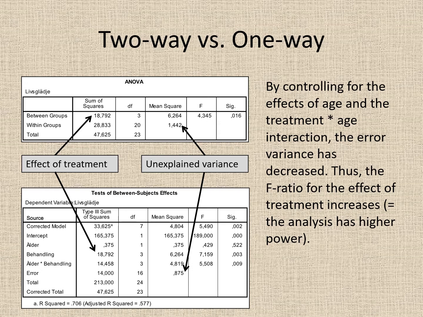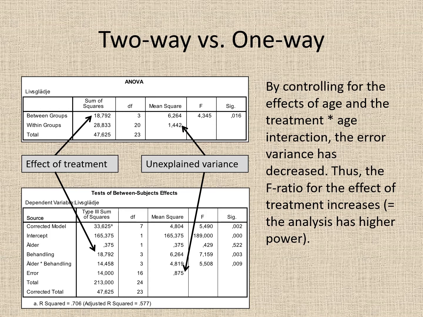Because the sample means are exactly the same, the variance between the sample means is exactly the same in both situations. We have 4 groups, so we have 3 degrees of freedom. And therefore, we have the same variance here, 6.3. So it's exactly the same, because the sample sizes and the difference between the sample means are exactly the same. But what happens in the next step?